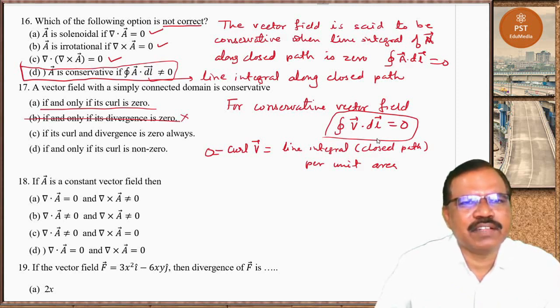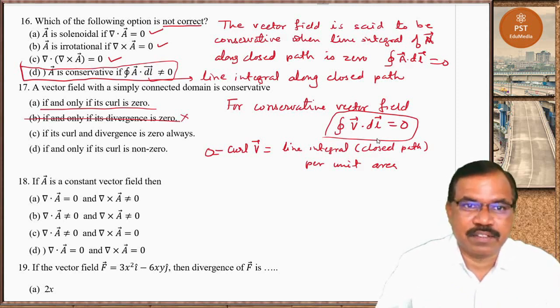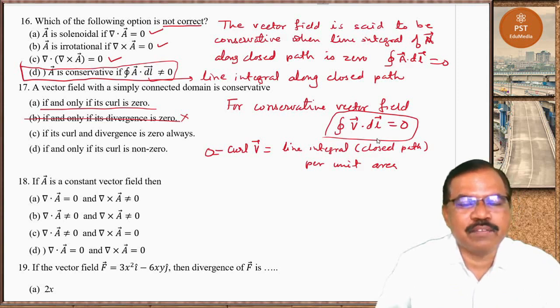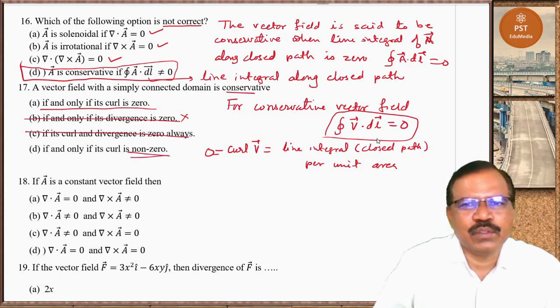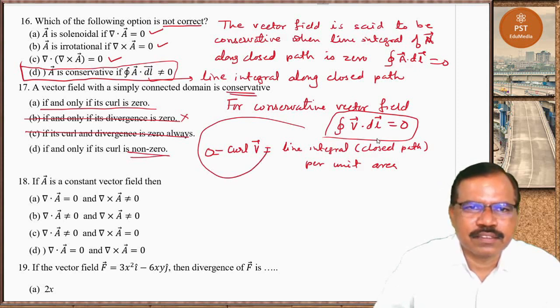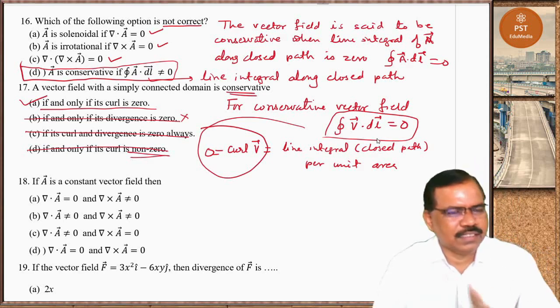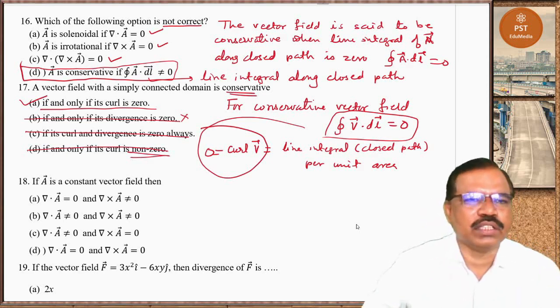If its curl and divergence are 0 always: you cannot say that, divergence may or may not be 0, so this is also not correct. If and only if its curl is non-zero: for conservative it is 0, so this is also not correct. So the first one is correct. If and only if its curl is 0, it will be said to be conservative.